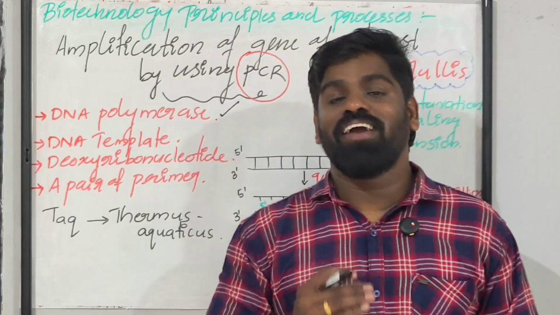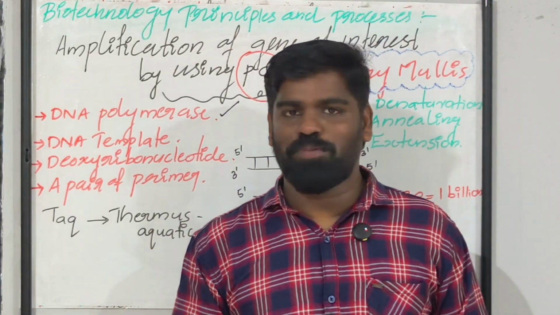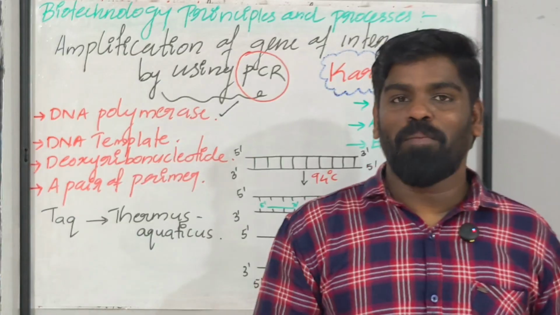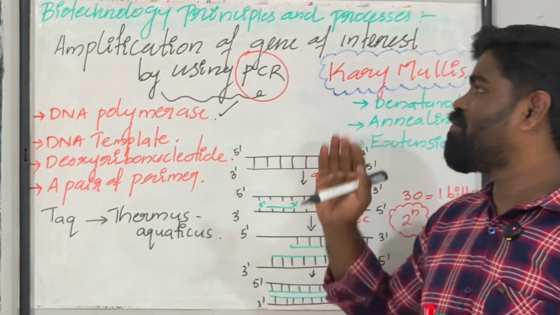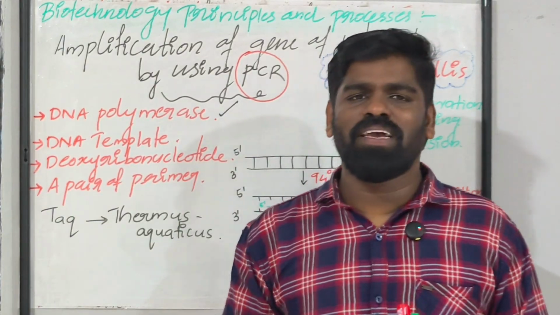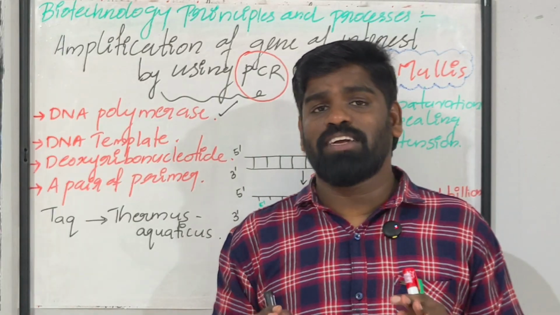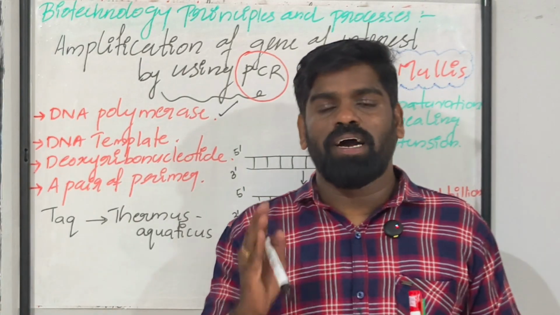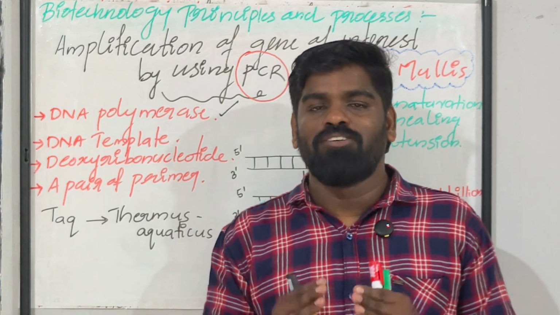So today we are moving on to another topic of biotechnology principles and processes. The topic we are going to discuss today is amplification of gene of interest by using PCR. This topic has high weightage. I already told you that this chapter, biotechnology principles and processes and biotechnology applications, is very important.